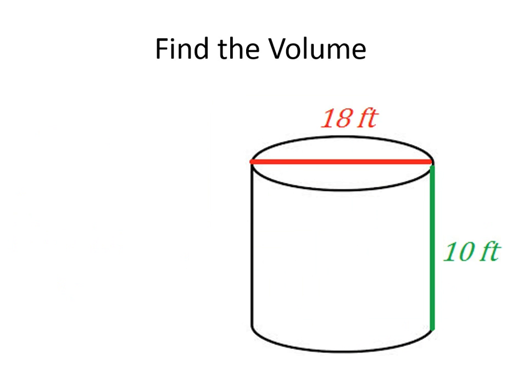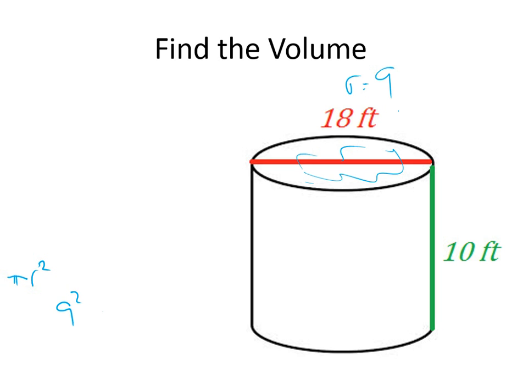Okay, so we've got this cylinder with a diameter of 18 and a height of 10, and we want to find the volume of it. Well, what we have to do is find the area of this circle, which would be pi r squared. So what's the radius of this? The radius would be 9, or half of 18.